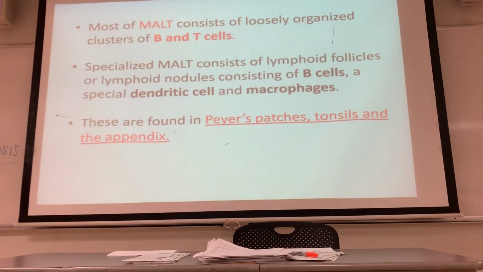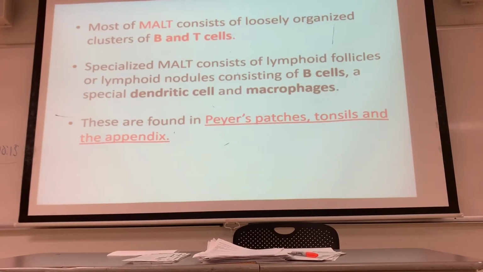So there are specific names depending on where the MALT is, like Peyer's patches. Peyer's patches are found in the intestine, in the ileum of the intestine. What's ileum? Ileum is the third part of the small intestine. You have the duodenum, the jejunum, and the ileum, the last part.